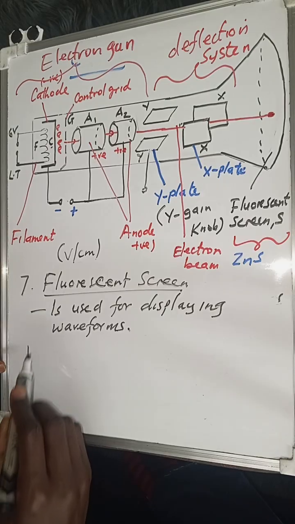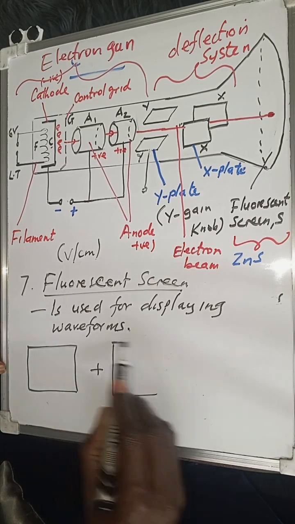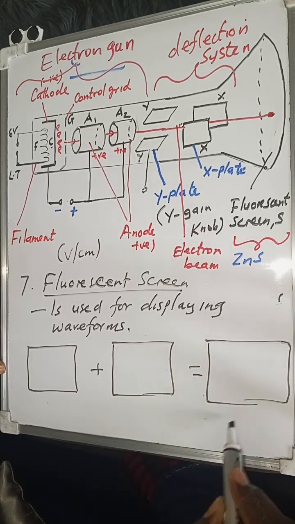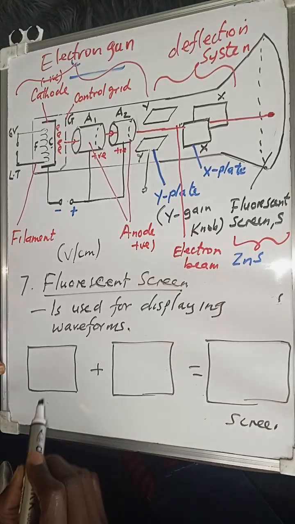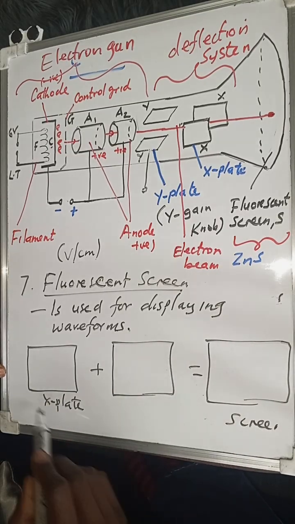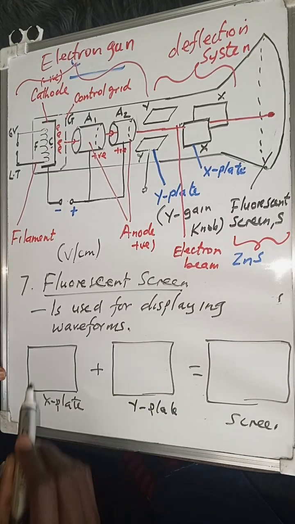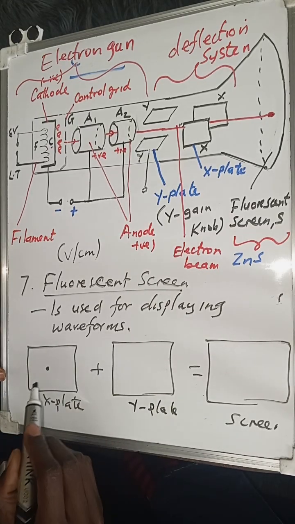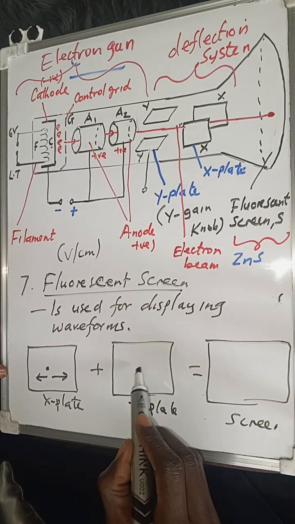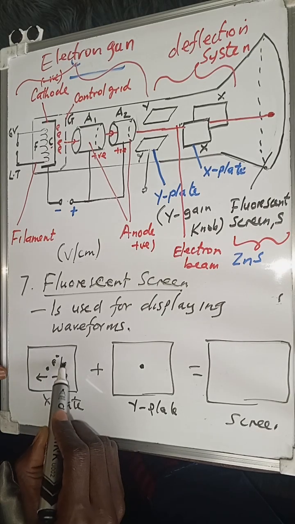So remember, let me just summarize for you so that you are able to see what we mean. Imagine that this is the screen that you have, and maybe a voltage applied across the X plate, and you also have the Y plate. Remember, when a voltage is applied across the X plate, the beam can either move left or right. Remember this dot is representing the electron beam.